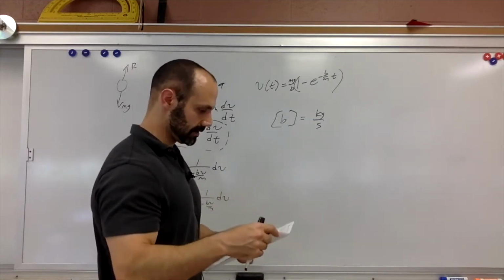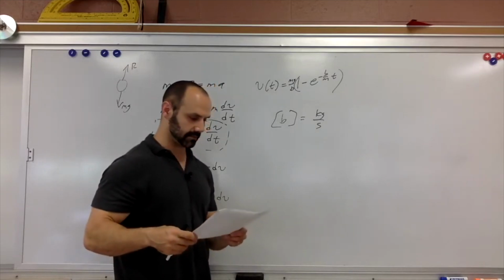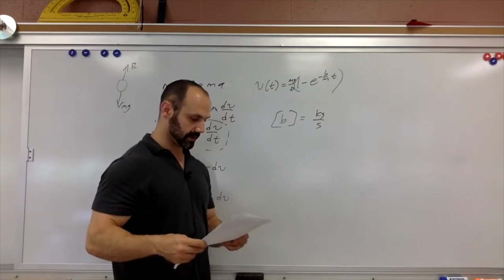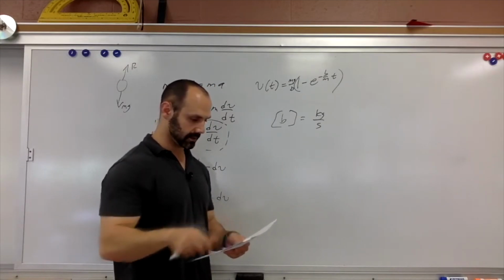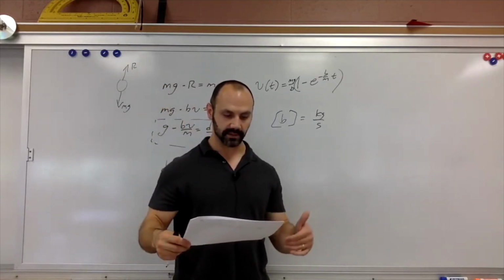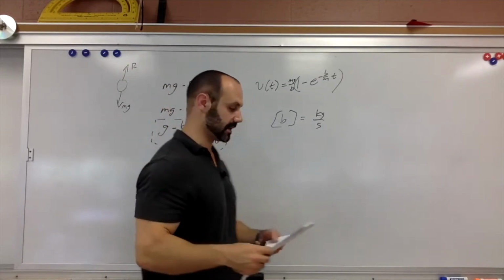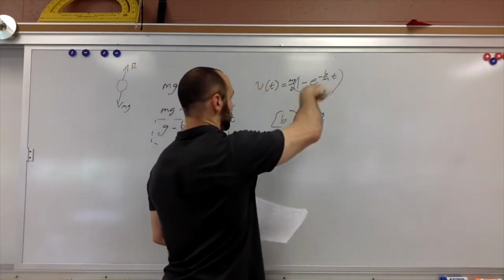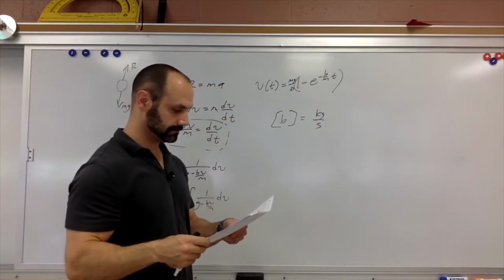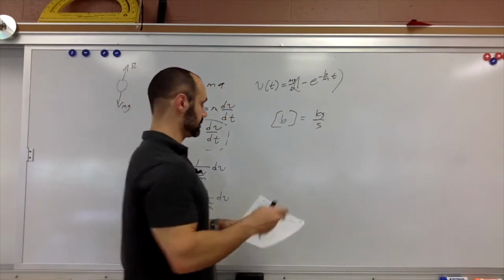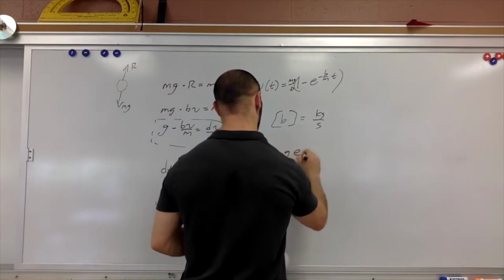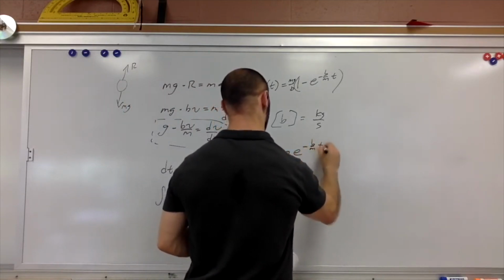And then here's the derivation, how we get that in the first place. Taking a look at taking the derivative, we have acceleration. Acceleration is dv/dt. So if we take the time derivative of this, then we end up with a equals g e to the negative b over m times t.